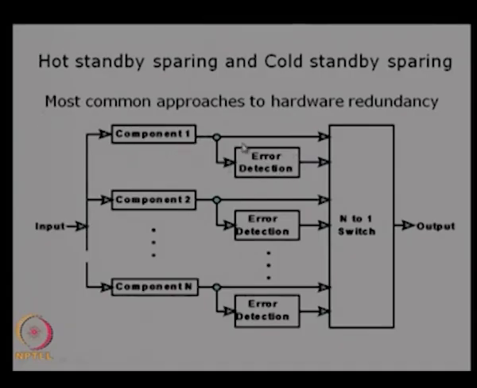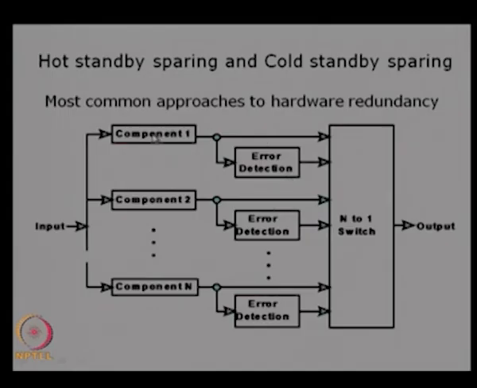If it is not the same, then an error will be declared. Similarly, component 2 also will have an error detection function. Whenever there is a variation from the desired outputs, it will declare an error.